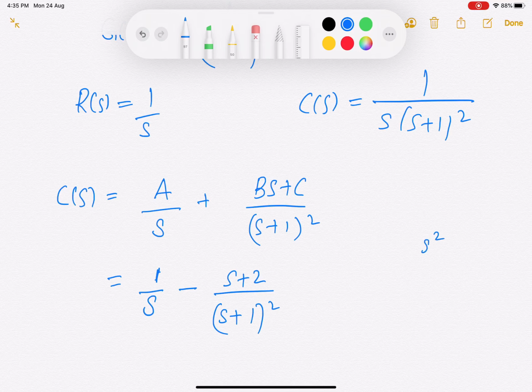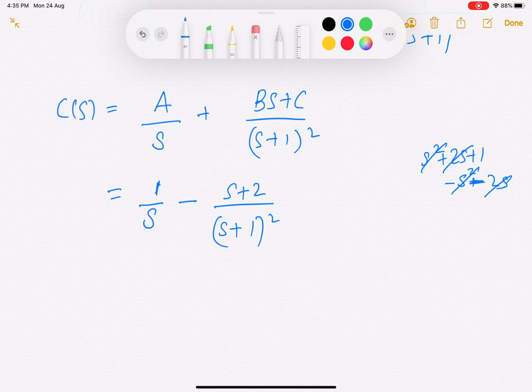So this is S square plus 2S plus 1 minus S into (S square plus 2S), right? So S square and S square cancel, so I'll be left with this. Yes, so I'll get the values of A, B and C corresponding to this. A is 1, B is 1 and C is 2.